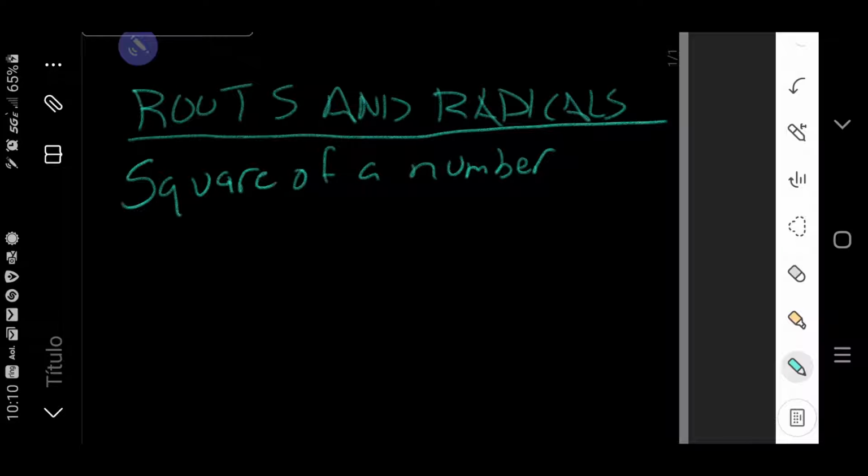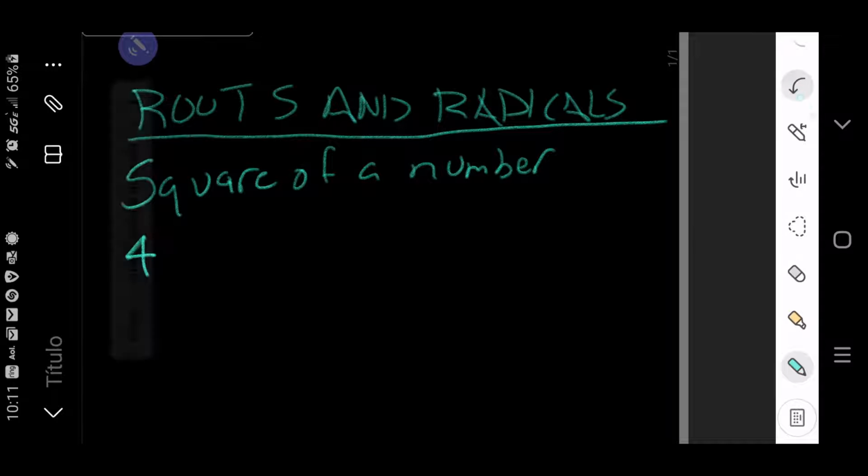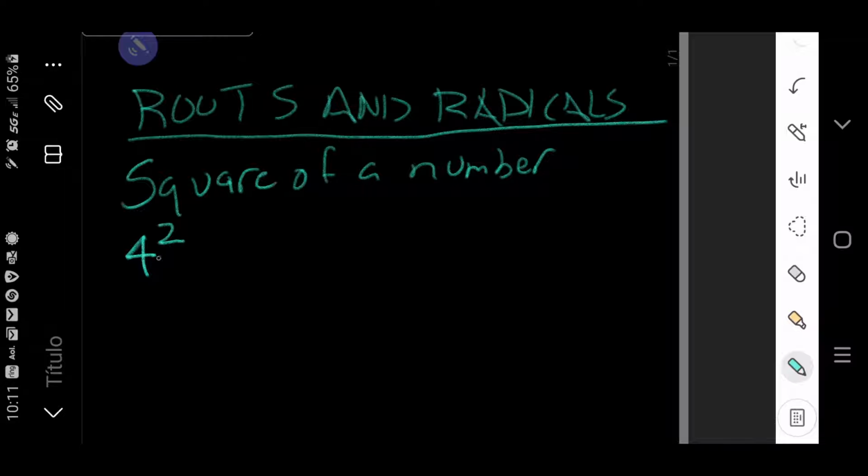So to square a number means to raise it to the second power. As an example, if we were to square the number 4, we write 4, and we will raise it to the second power, and that will be done by placing the 2 as the exponent.